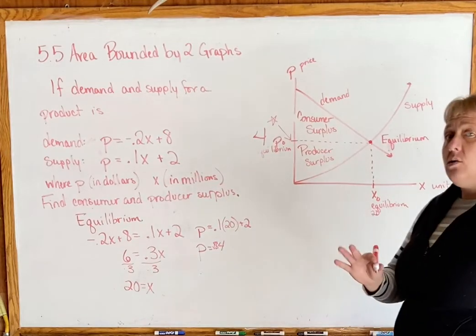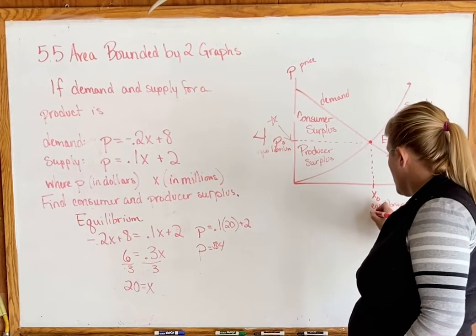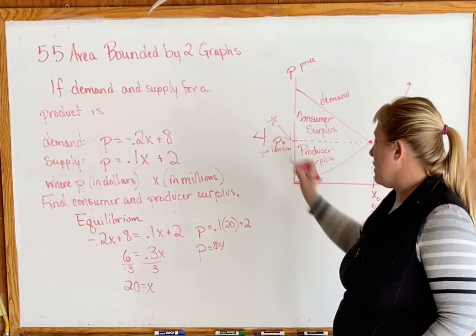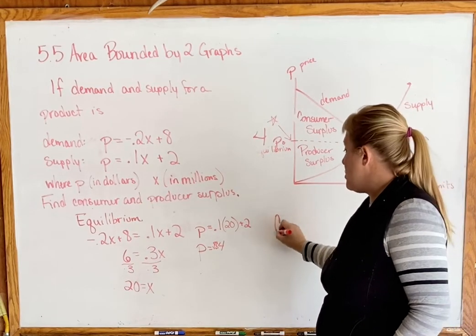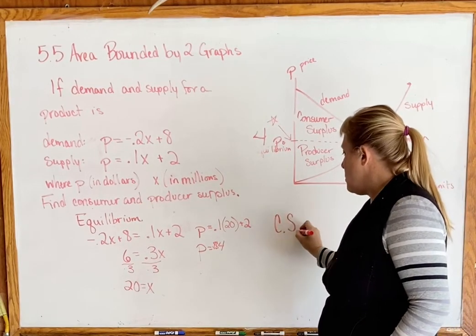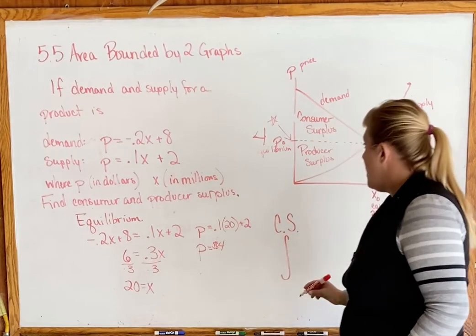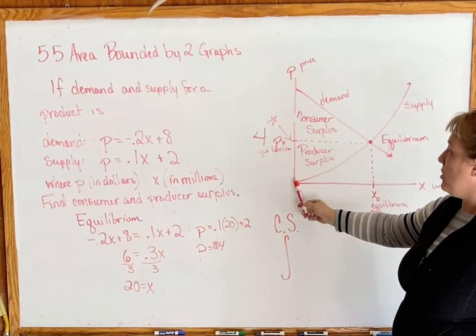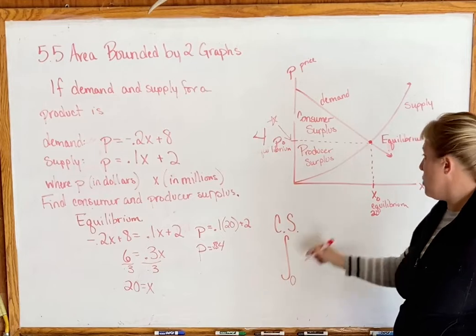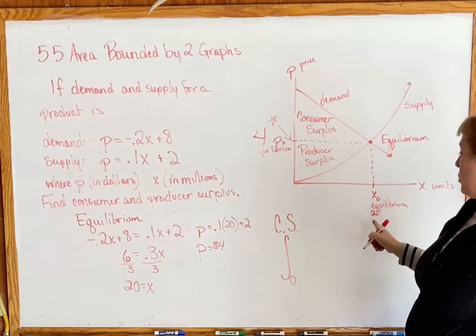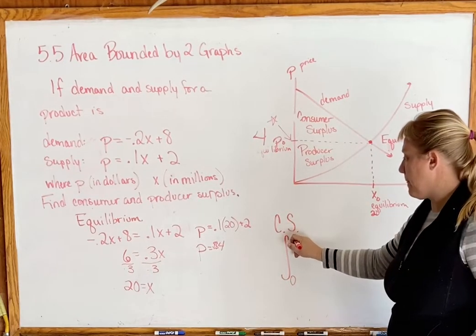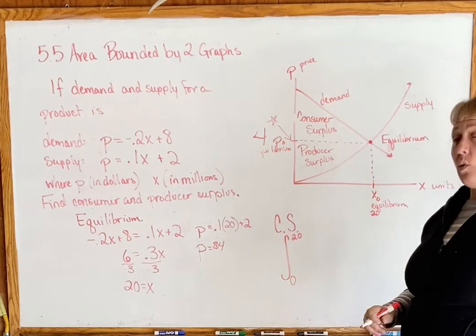So we've got 20 here, 4 there. When we go to set up our consumer surplus, we're going to look at the integral that goes from 0 all the way to the equilibrium point, which is 20. So we're going to go from 0 to 20.